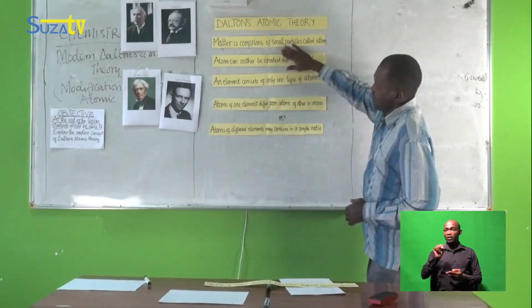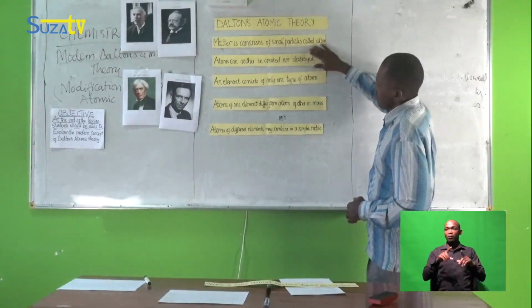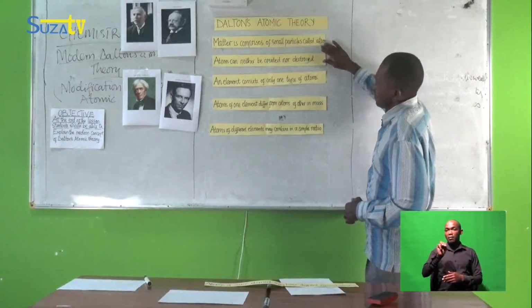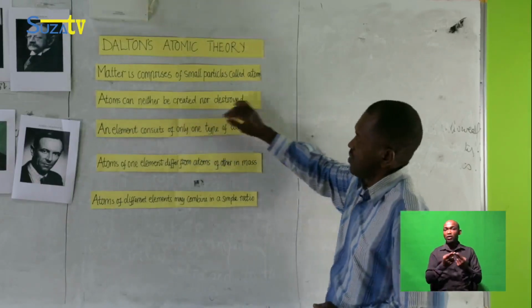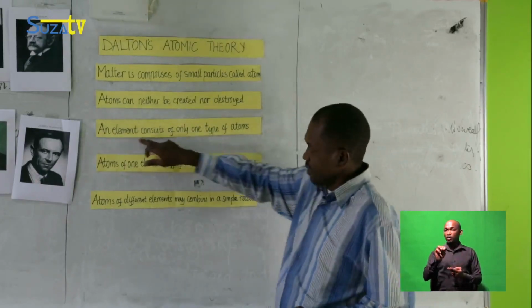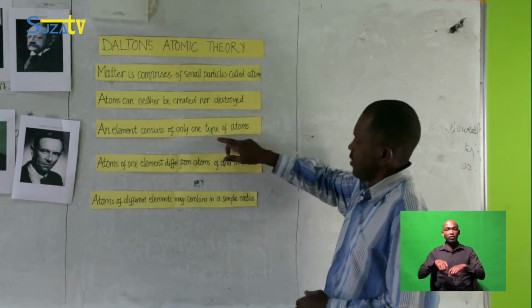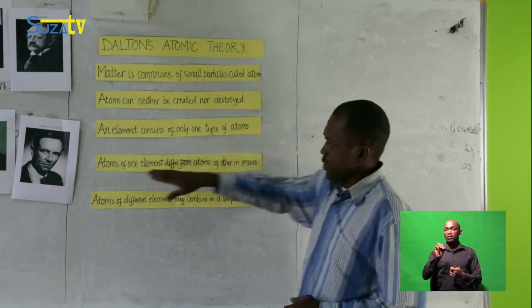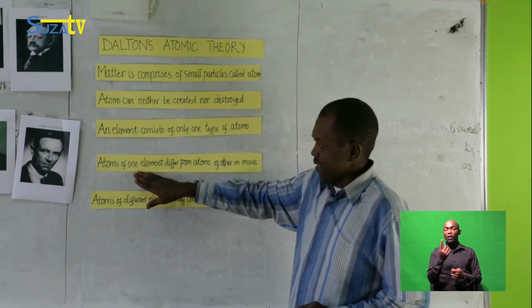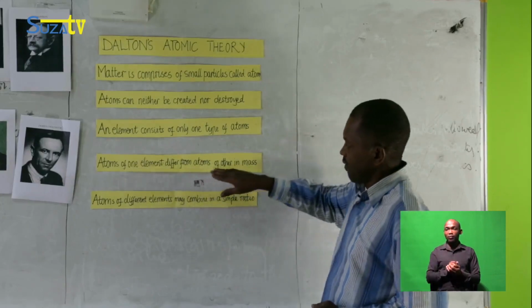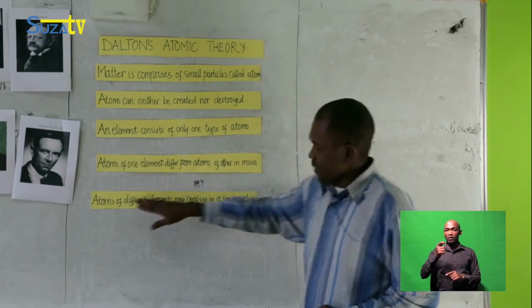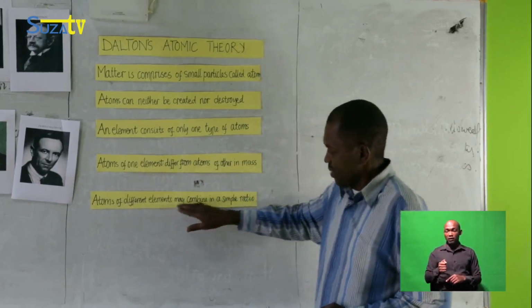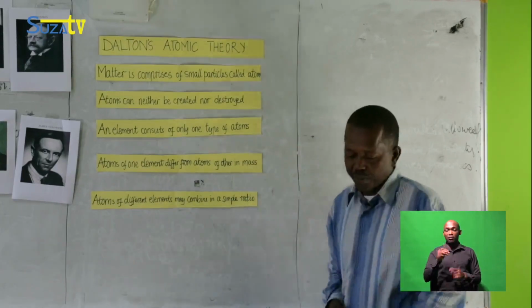The first one says matter is comprised of small particles called atoms. The second one says atoms can neither be created nor destroyed. The third one says an element consists of only one type of atom. The fourth one says atoms of one element differ from atoms of another element in mass. This one says atoms of different elements may combine in a simple ratio.